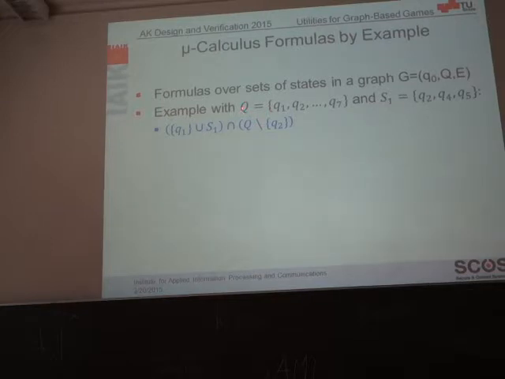Let's say our game graph has 7 different states called Q1 to Q7, and we also have a certain set of states which is named S1, consisting only of states 2, 4, and 5. Then the intuitive meaning of this Mu-Calculus formula should not be too difficult. Maybe you can think of it a second and try to figure out what is the meaning of this Mu-Calculus formula. It's just a set of states.